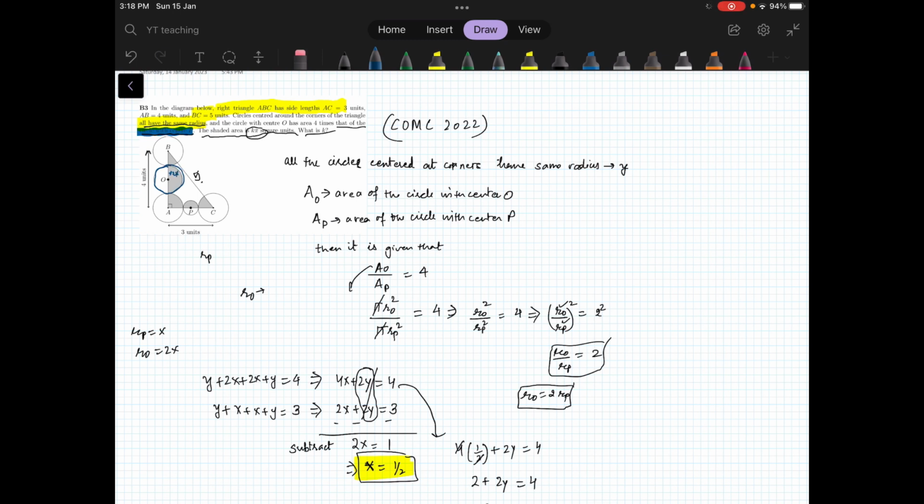So this portion is equal to half the area of the circle with radius 2x. So this is 1 by 2 pi, x value is half, so this is pi by 2. So this blue region, I found it to be pi by 2. So I'm writing it here, okay.